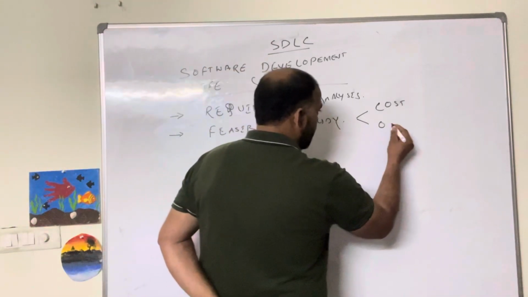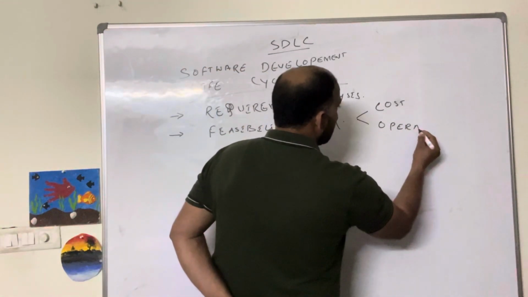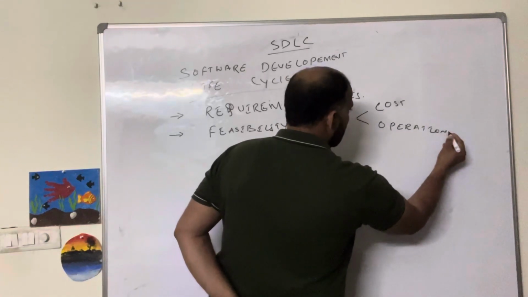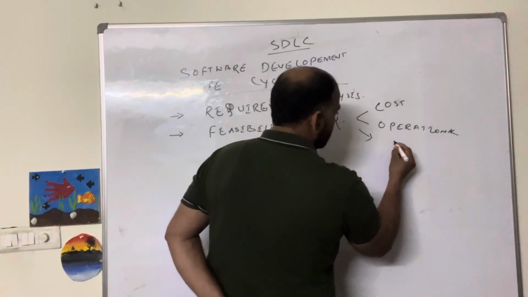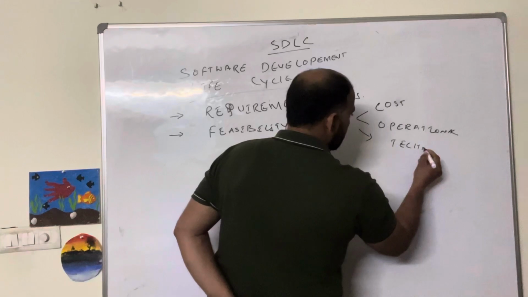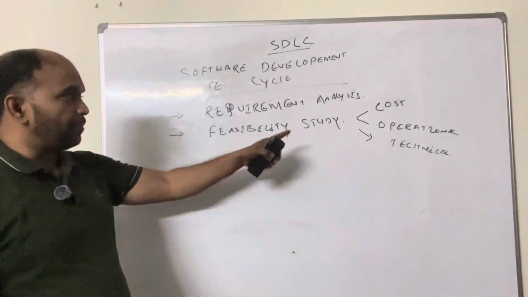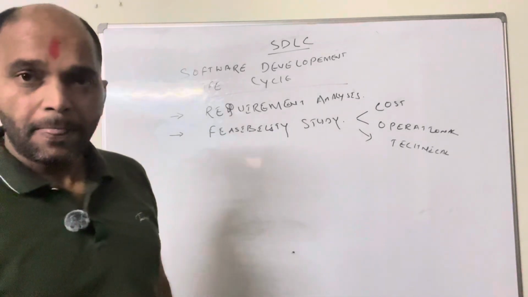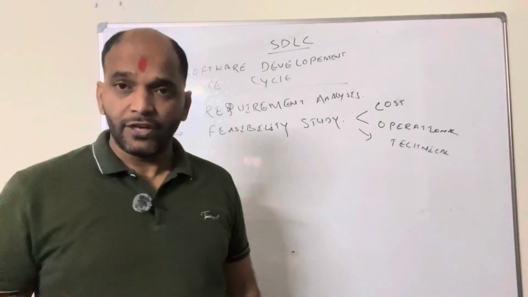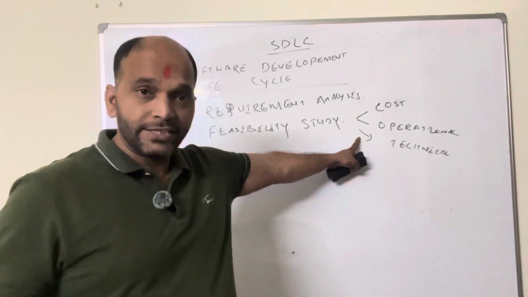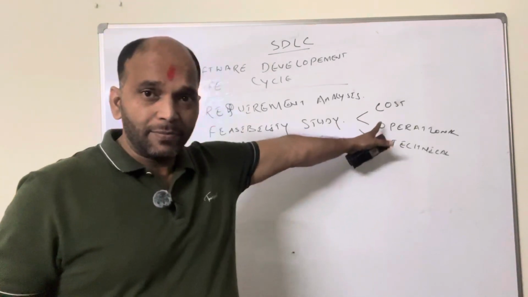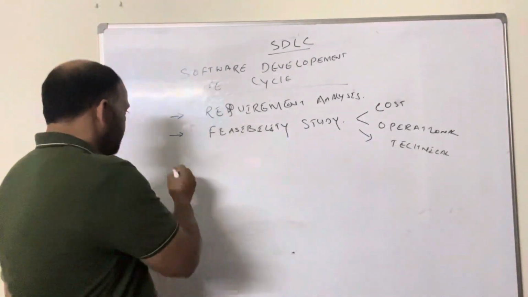Then operational, and third one is technical. So these are the three parameters on which we have to evaluate whether the particular software can be executed or not.